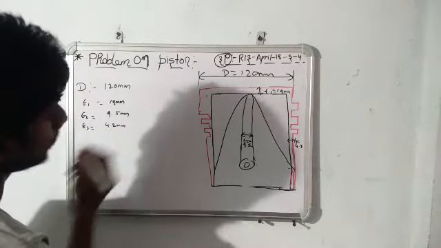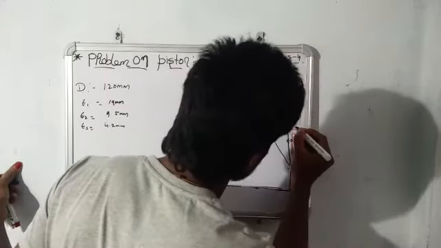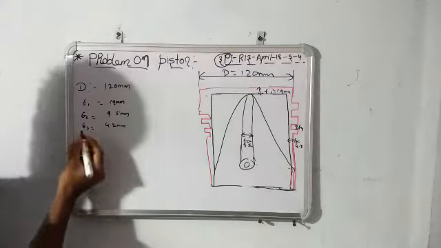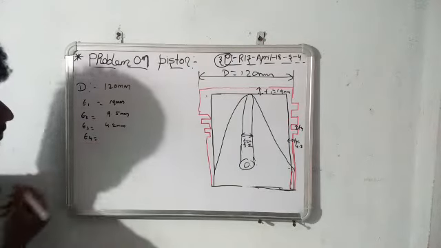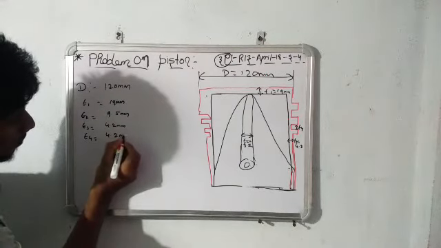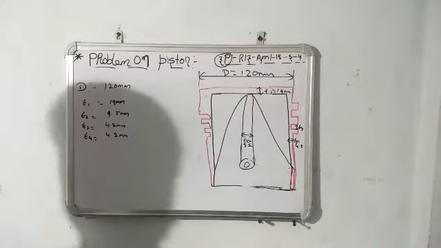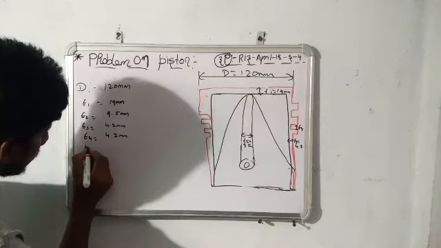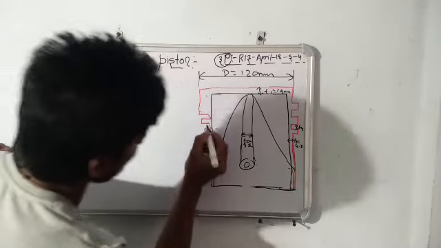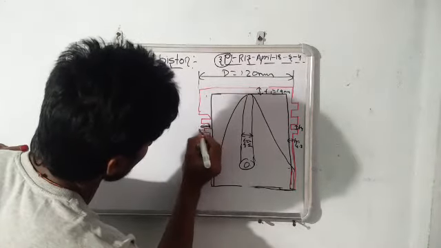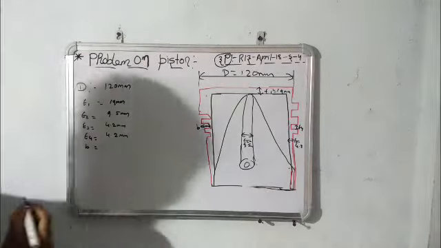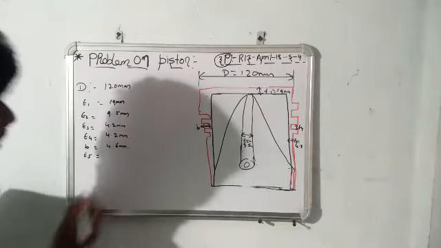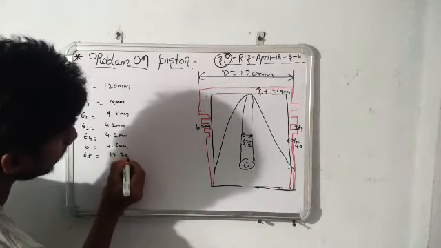After that, T4 is the axial thickness of piston rings, and the value is also 4.2 mm. Next we found B, the depth of the ring groove, which is 4.6 mm, and T5 is 12.7 mm.